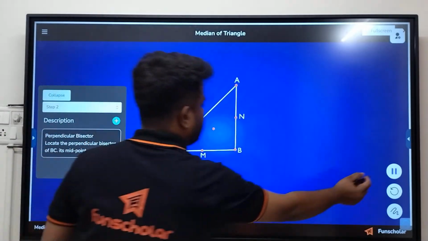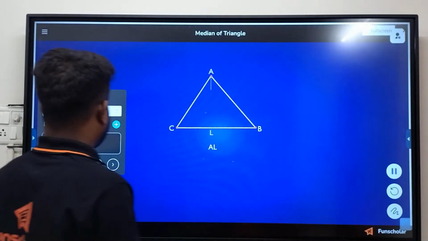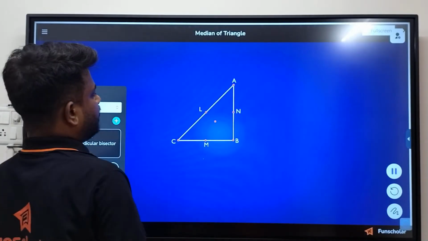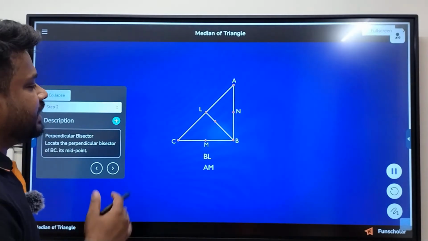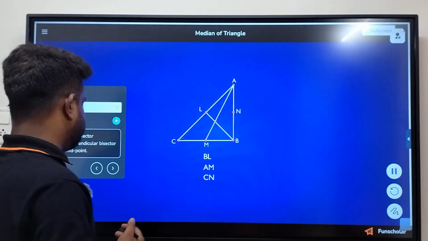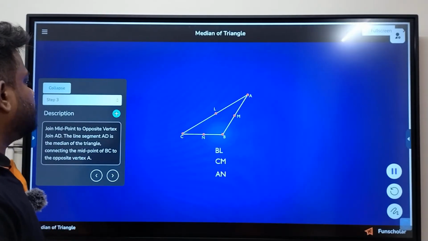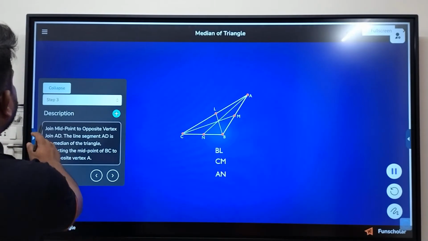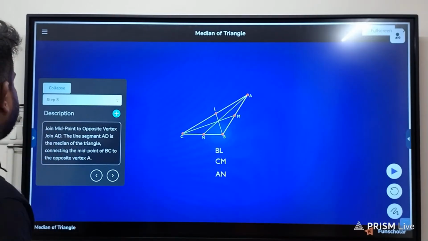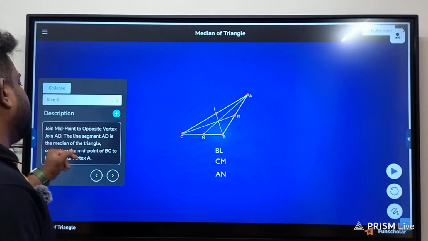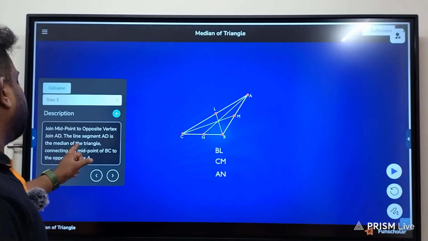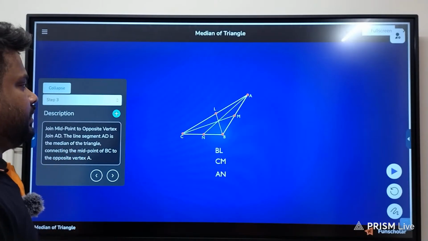But in the next step, they are taking the perpendicular bisectors of all these lines. And the third step, join the midpoint to the opposite vertex. Join AD, the line segment AD is the median of the triangle connecting the midpoint of BC to the opposite vertex.